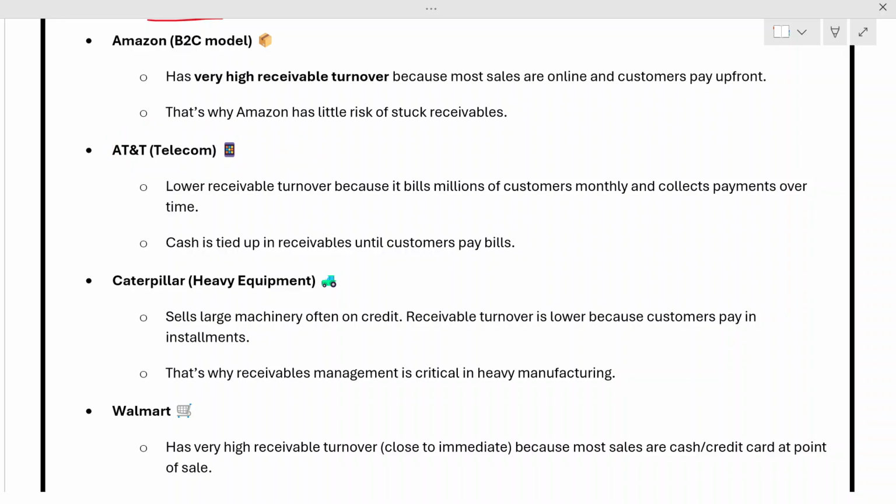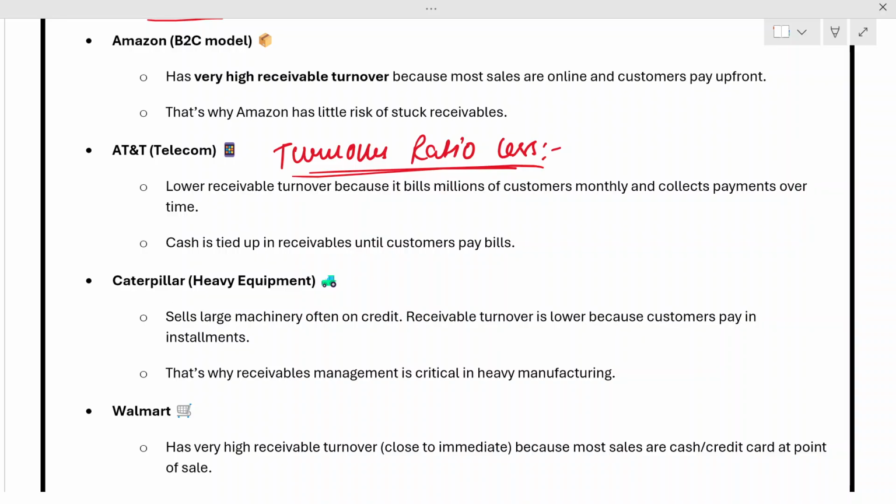When I say turnover, you should not think their sales are less; I mean the turnover ratio is less. The more days it takes for someone to pay you, the lower the turnover ratio will be, just like we have seen in the above example.